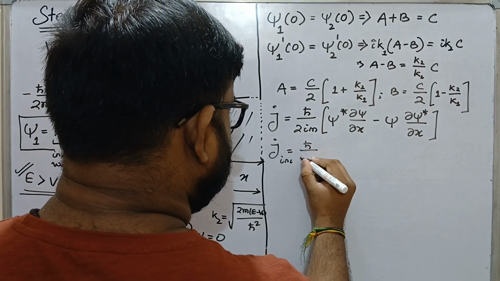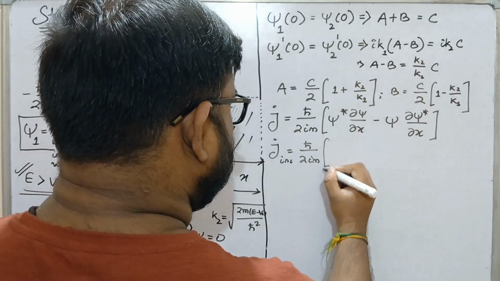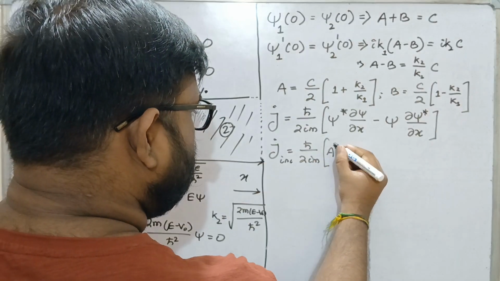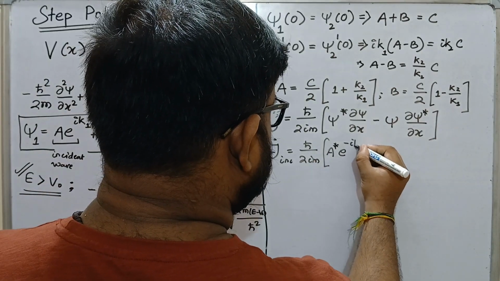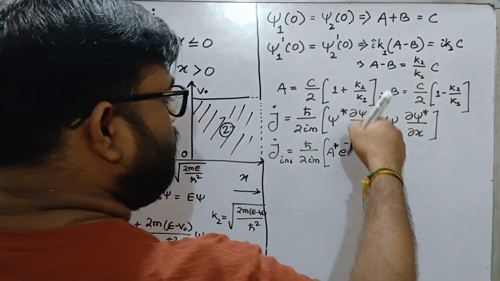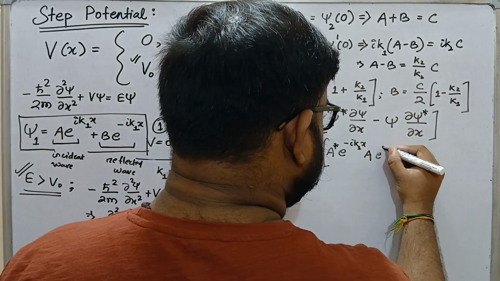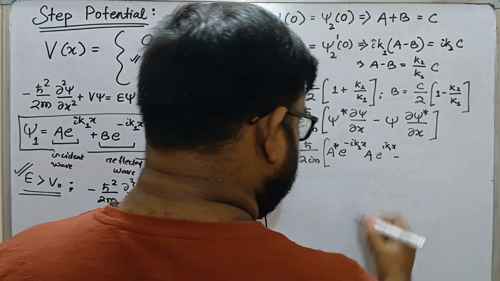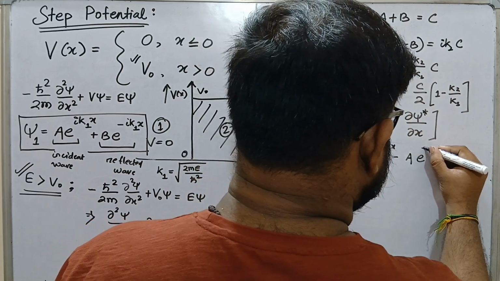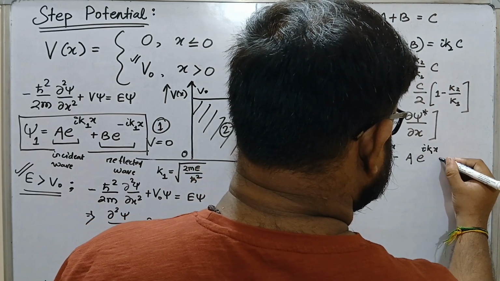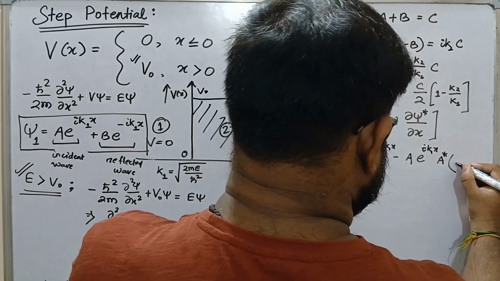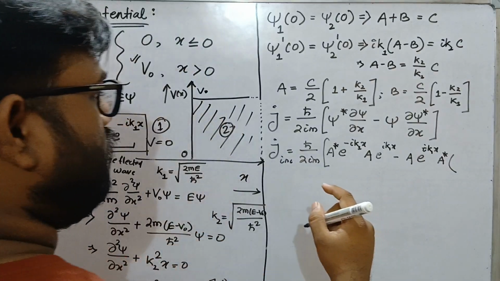We find h bar by 2im. First you have to write psi star. Psi star will be a star e to the power minus ik1x, into del psi by del x, which will be a into e to the power ik1x, minus a e to the power ik1x into a star.